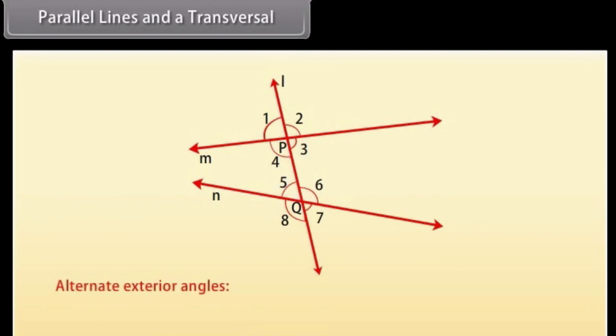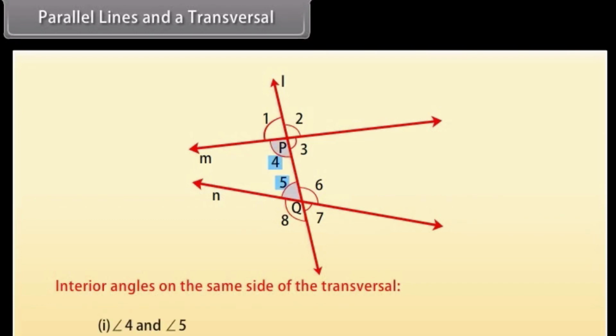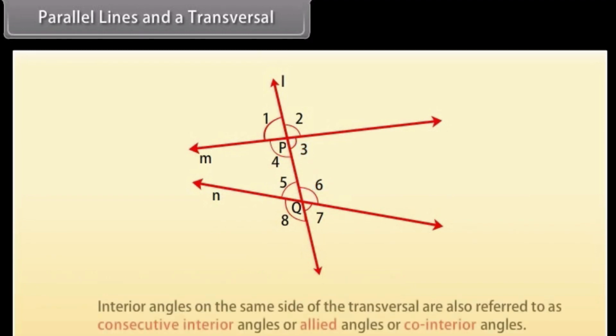Then comes alternate exterior angles, and they are angle 1 and angle 7, angle 2 and angle 8. Next is interior angles on the same side of the transversal. These are angle 4 and angle 5, angle 3 and angle 6. Interior angles on the same side of the transversal are also referred to as consecutive interior angles or allied angles or co-interior angles.